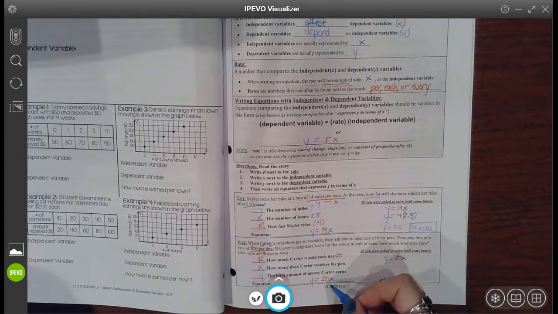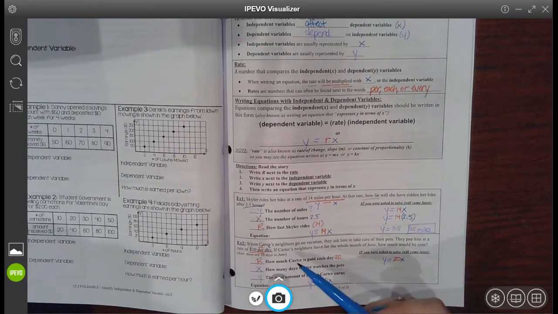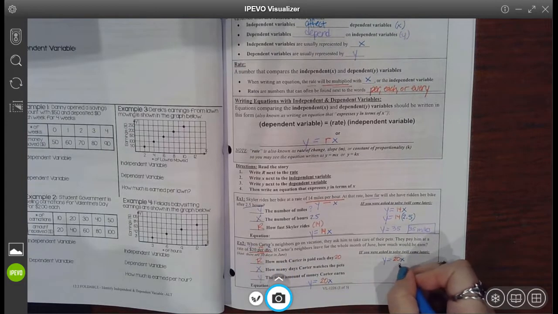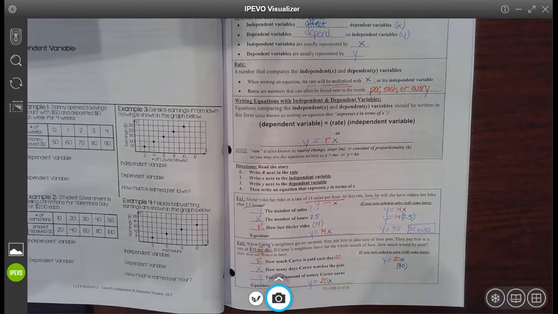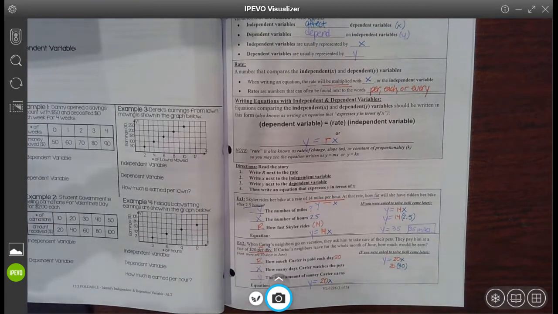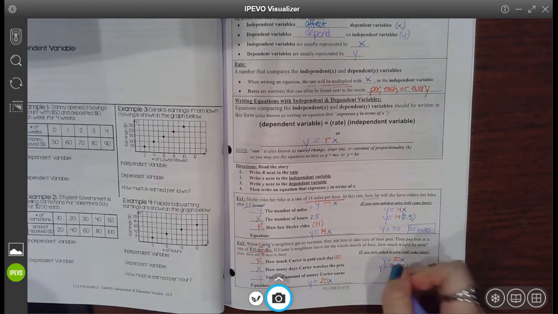In this particular problem, they're asking, if Carter's neighbors leave for the whole month of June, how much would he earn? Remember, he's getting paid per day. If they leave for the whole month of June, that's how many days? Well, it says hint, there's 30 days in June. So if you watch the pets for 30 days and you're paid $20 per day, then Y is how much money you're going to make.